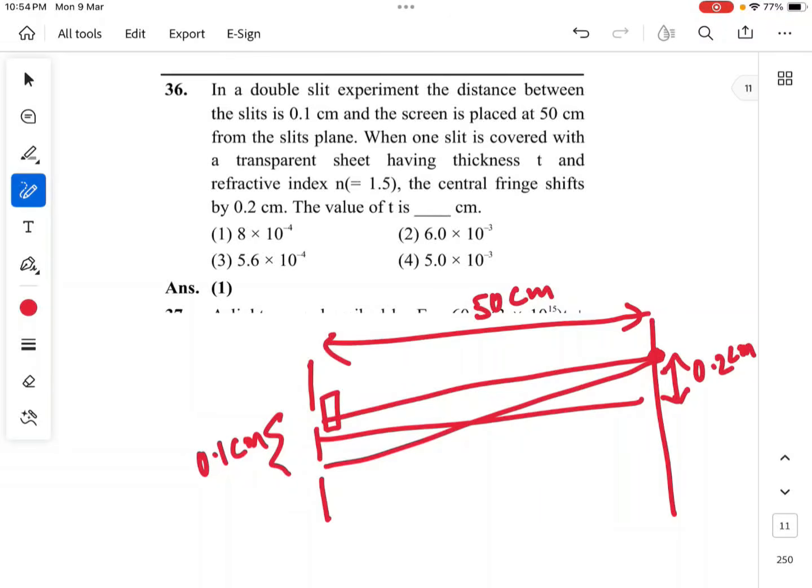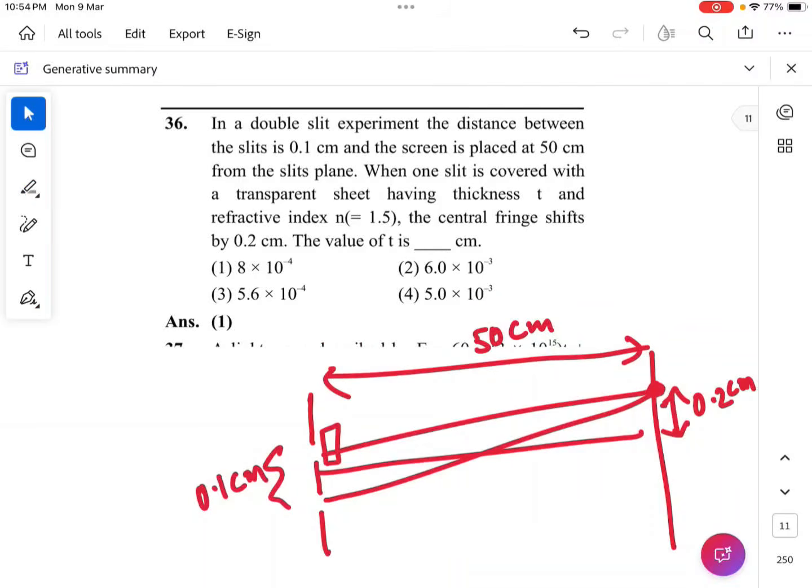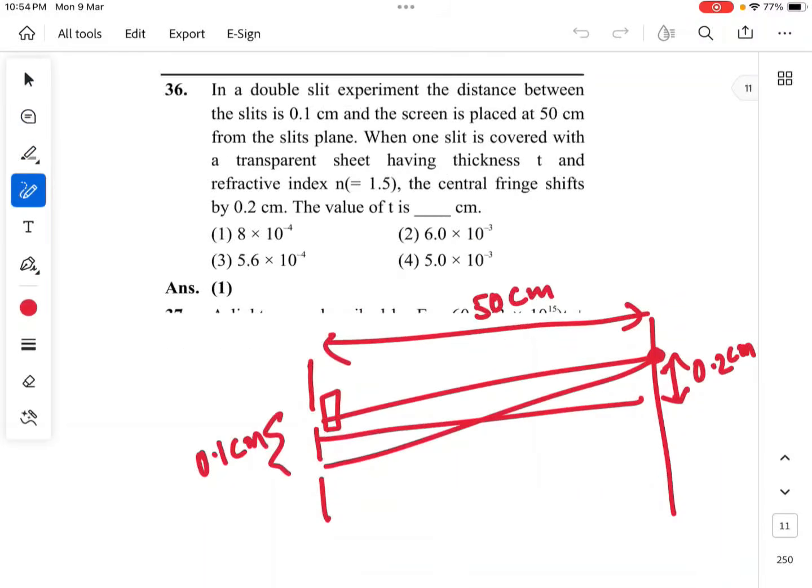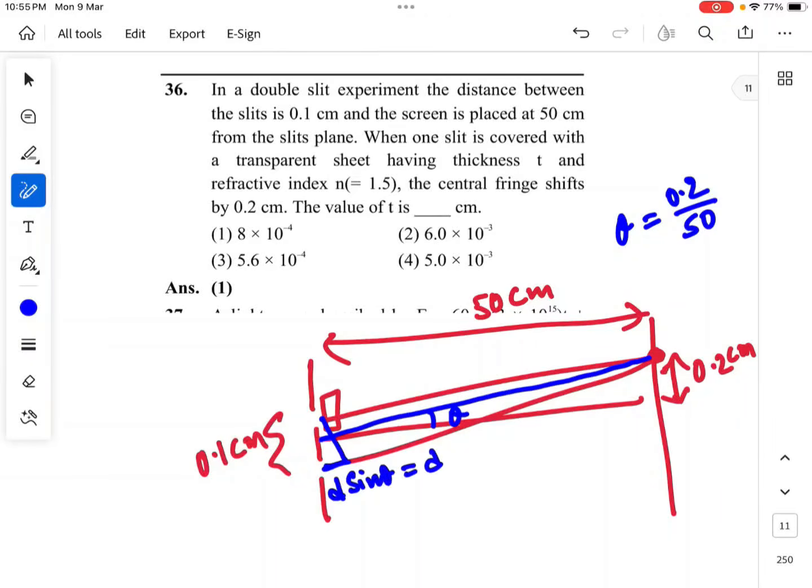So here you have the central maxima now. The angle here is theta, let us say. The theta is given by 0.2 divided by 50, and the path difference is d sin theta, which can be equated to d into theta approximately, and that can be written as d tan theta.